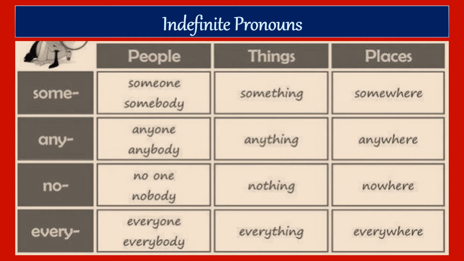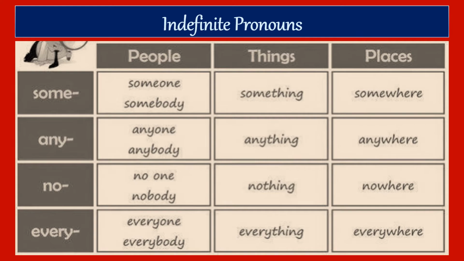This is the table of indefinite pronouns. There are three columns. In column 1, you see people, in 2, things, and in 3, places. With the help of these columns, we easily identify all these pronouns. Under people, the words are someone, somebody, anyone, anybody, no one, nobody, everyone, everybody.